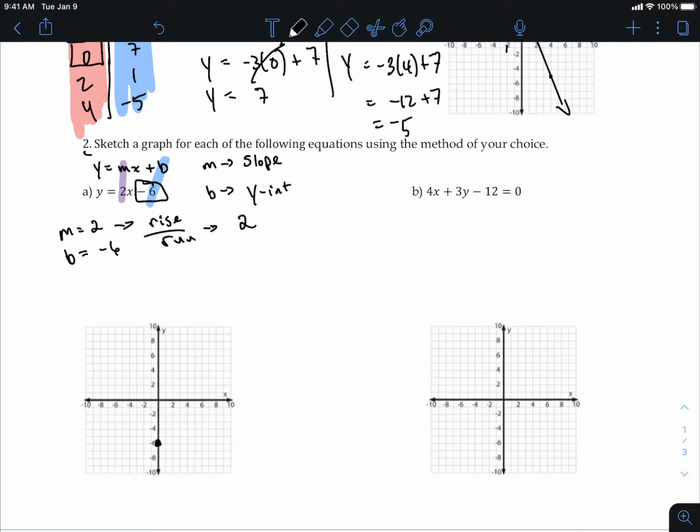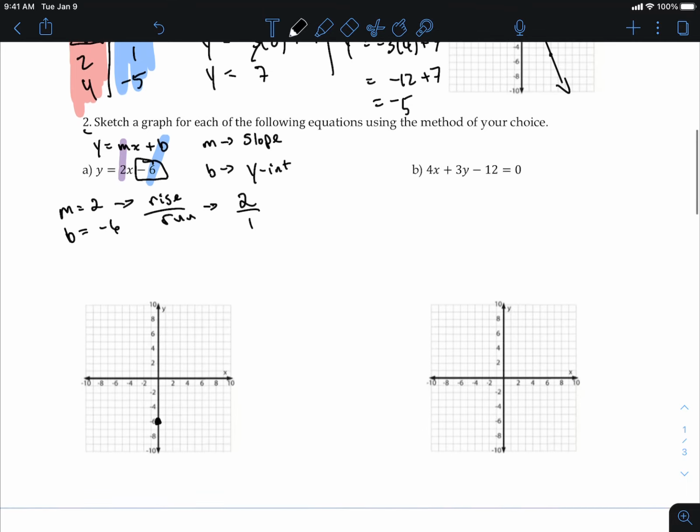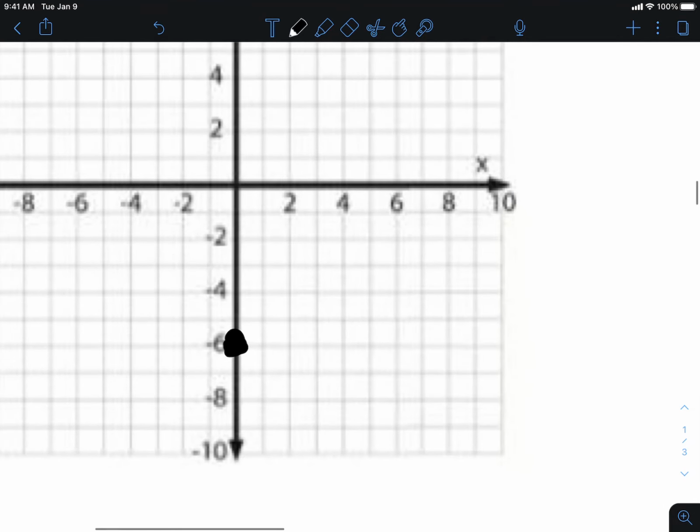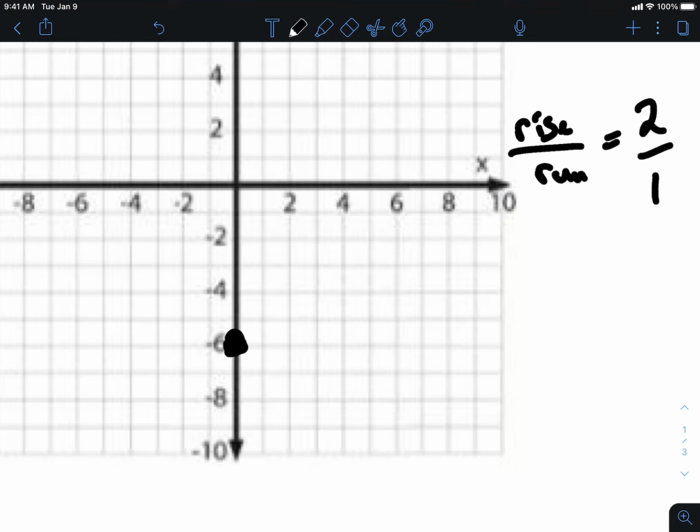But I can always put any number over 1. Now I have a run, because 2 divided by 1 is still 2. So now I can start at my starting point. I find my starting point here at negative 6. My m, my rise over run, is 2 over 1. That just means I'm going to go up 2, right 1.